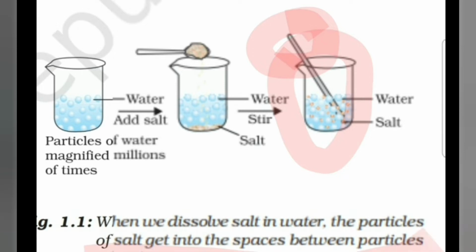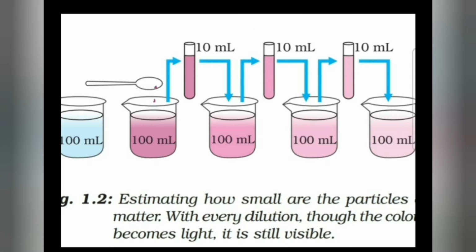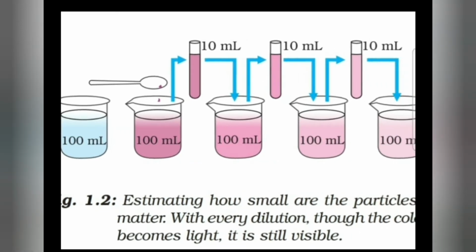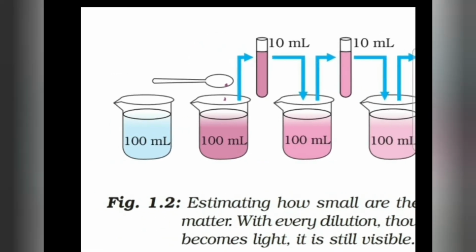We are heading on to the next experiment, where we see how small these particles are. For this we need a beaker of 100 ml. First take 2 to 3 crystals of potassium permanganate and put them into the 100 ml of water.